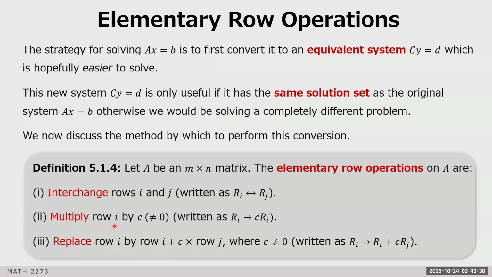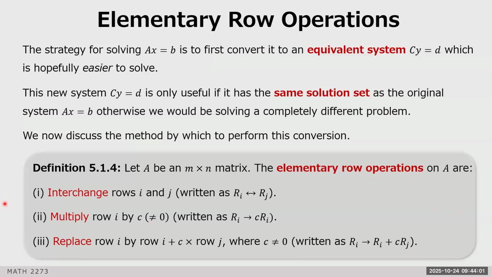Otherwise, it's just the previous one. And we write this as row I goes to row I plus some multiple times row J. So this hopefully rings a bell. These are the same three elementary operations that you will most likely have encountered.